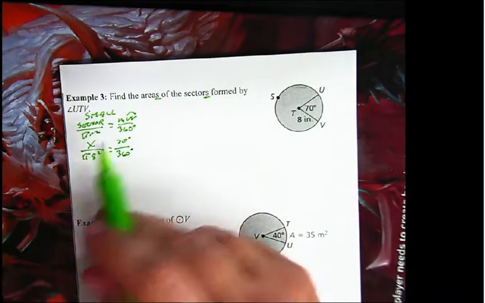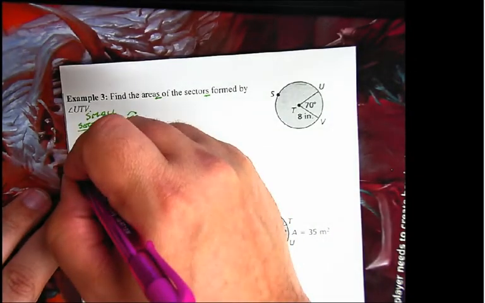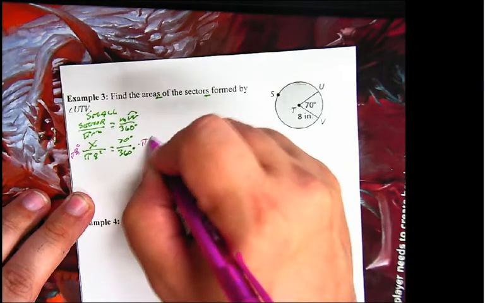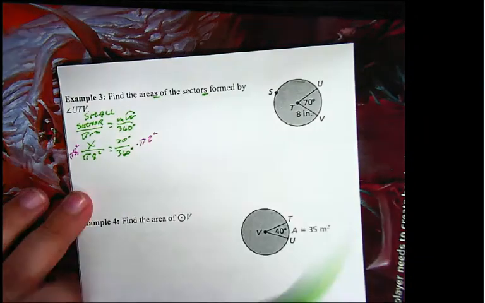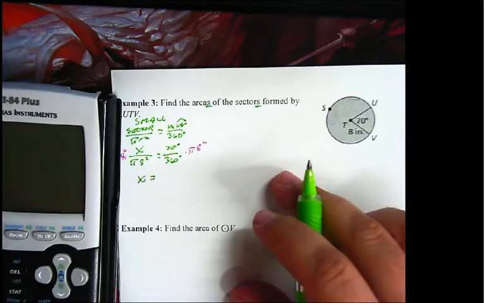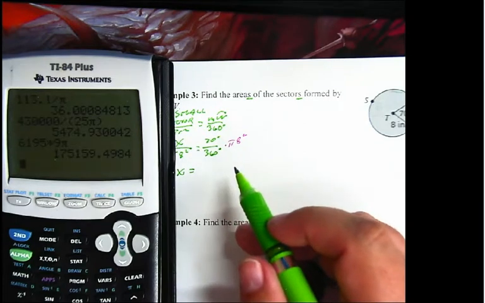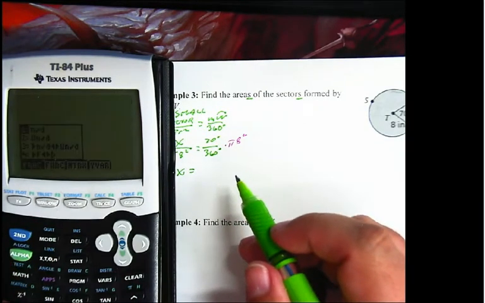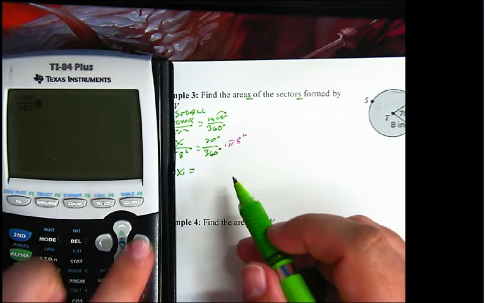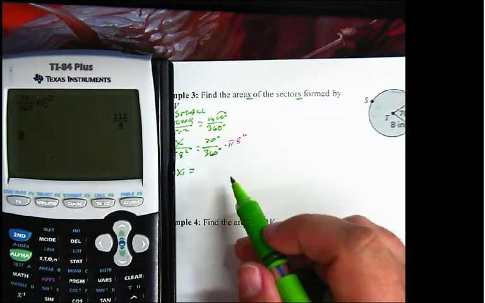Okay? Multiply both sides times pi times 8 squared. And so let's see what we get. X equals, take my calculator again, I'm going to leave the pi for the end, so everything except for the pi. So I have 70 degrees over 360 degrees times 8 squared, which is a lovely fraction.